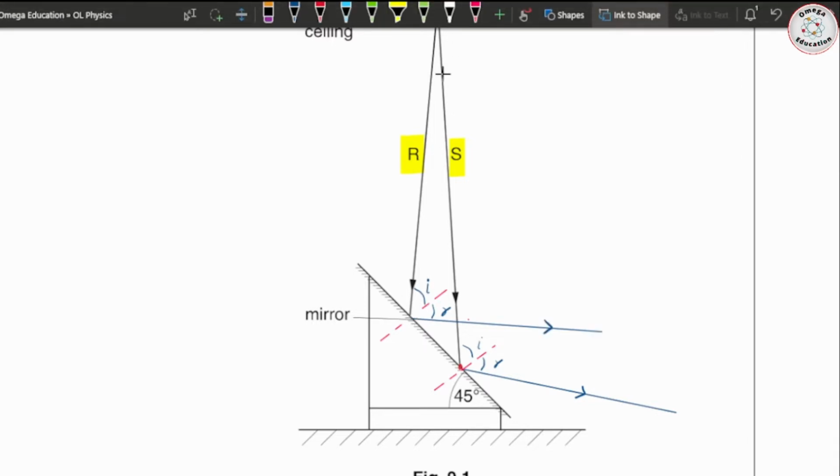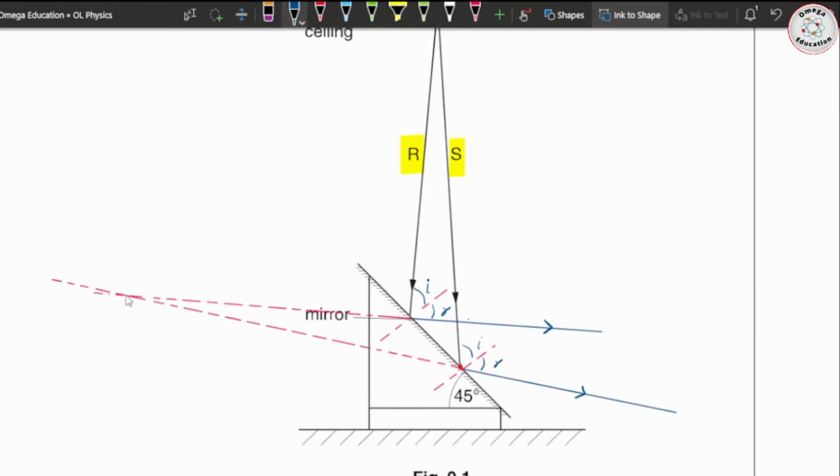So I'm going to extend them with a red line. In the same direction, from the same point, we just extend them backward, and we ensure that any ray that we extend backward or behind the mirror has to be represented by a dotted line.